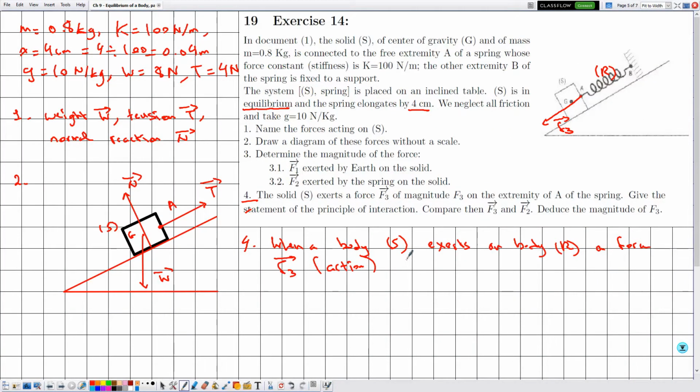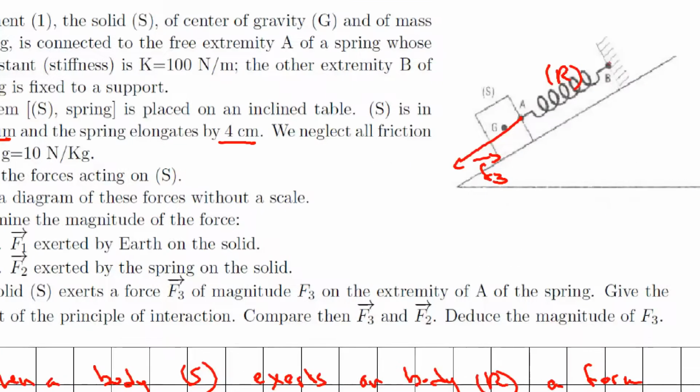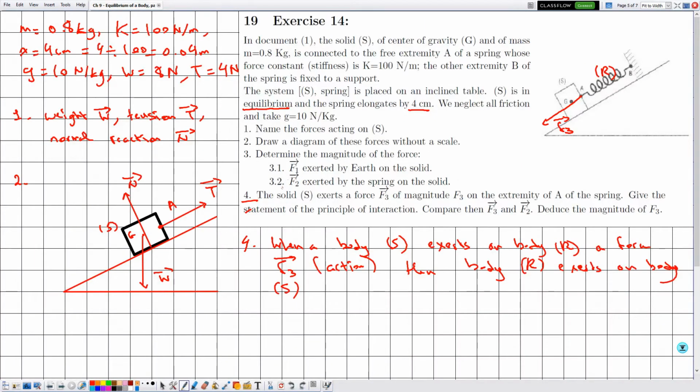Then body R, so now we flip the letters. Then body R exerts on body S, and here we are referring to the force exerted by R on S. So what is the force exerted by R on S? If R is the spring and S is the solid, then the force exerted by R on S is the tension force, which is like this, and here the tension force is noted by the force F2.